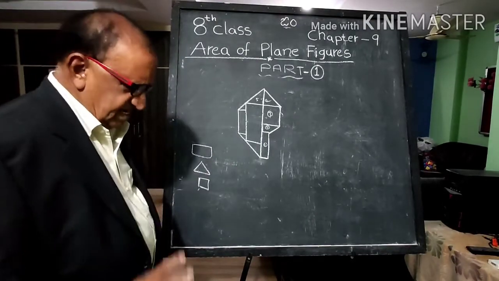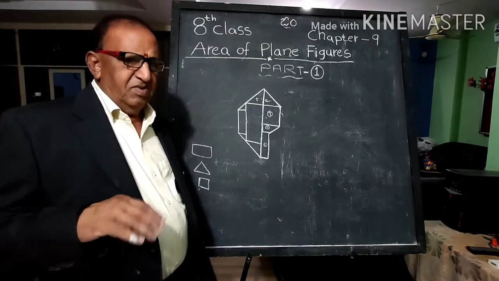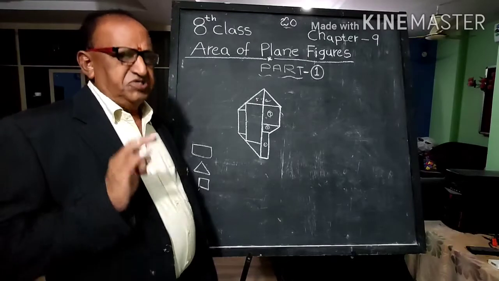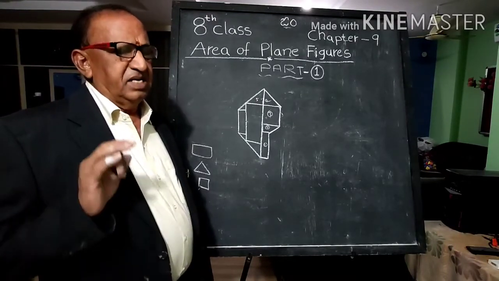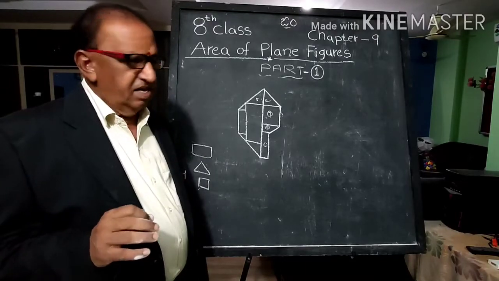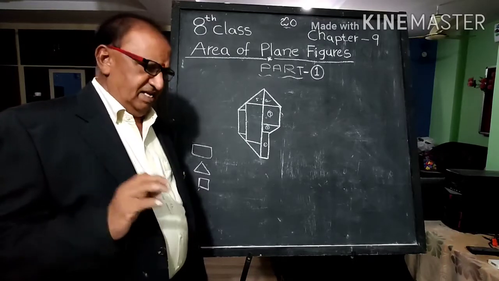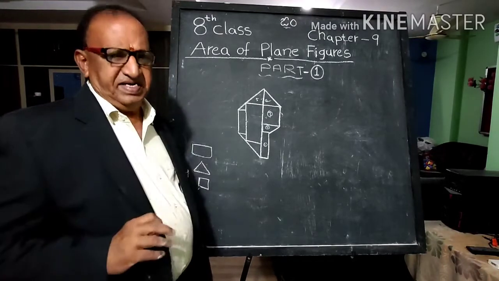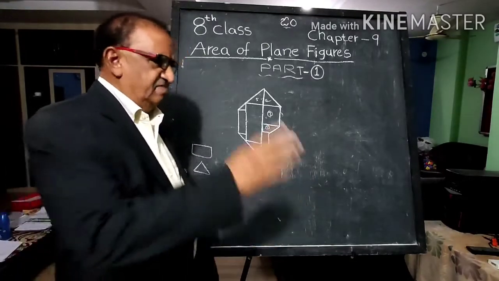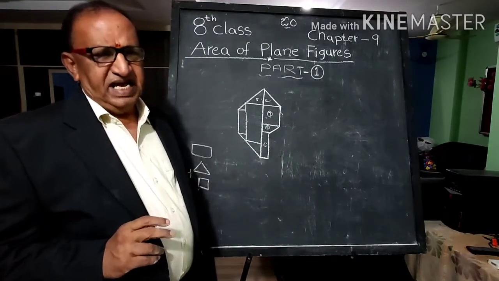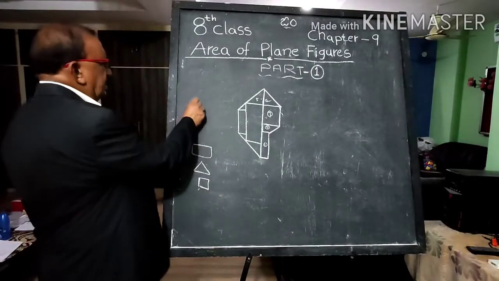So once again, in this part, what did I teach you? I touched base with all the fundamental shapes, plane figures, and I identified the formulae for the fundamental figures. I also told you triangle is very, very important, because even if you forget the formula for a rectangle or a square, you can easily convert it.